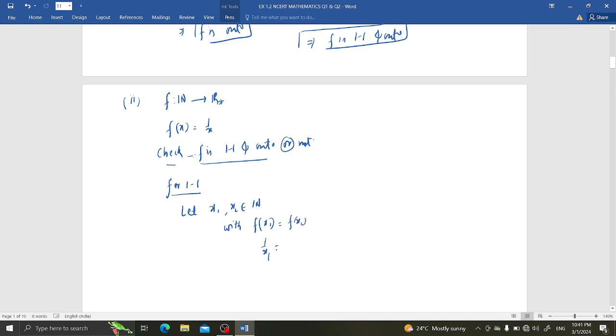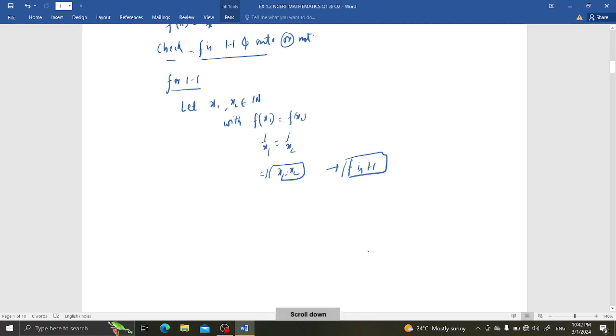It is 1 upon x1 equal to 1 upon x2, implies x1 equal to x2, and hence it implies f is 1-1. Clear? But you can observe that here it is 1-1 and the range of f contains elements like 1, 1 by 2, 1 by 3, and so on.